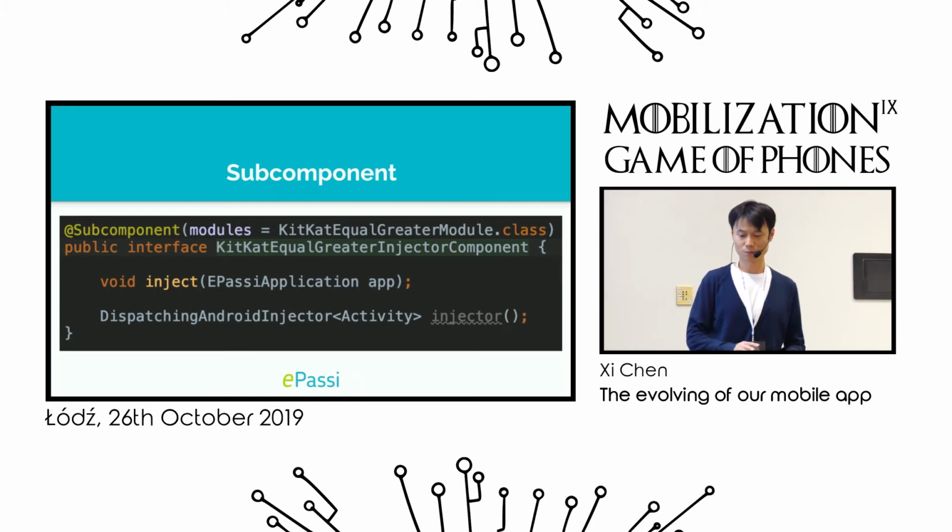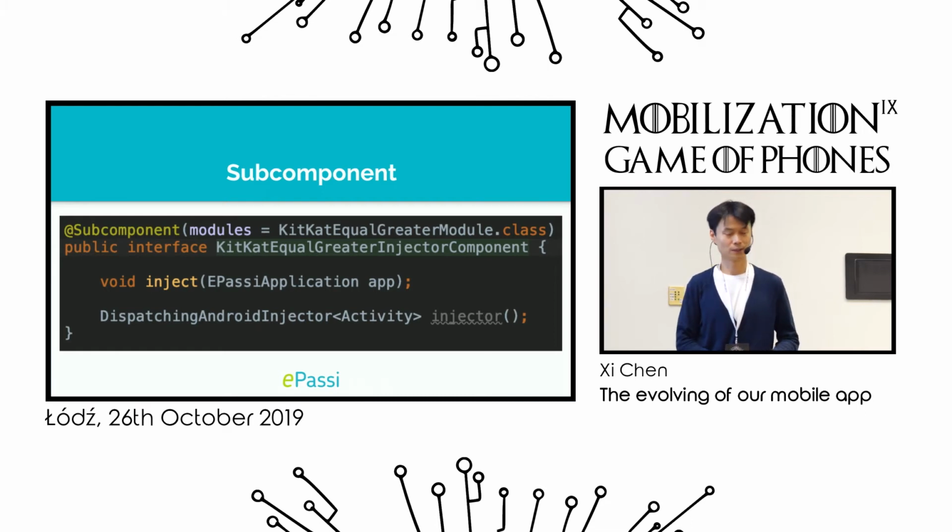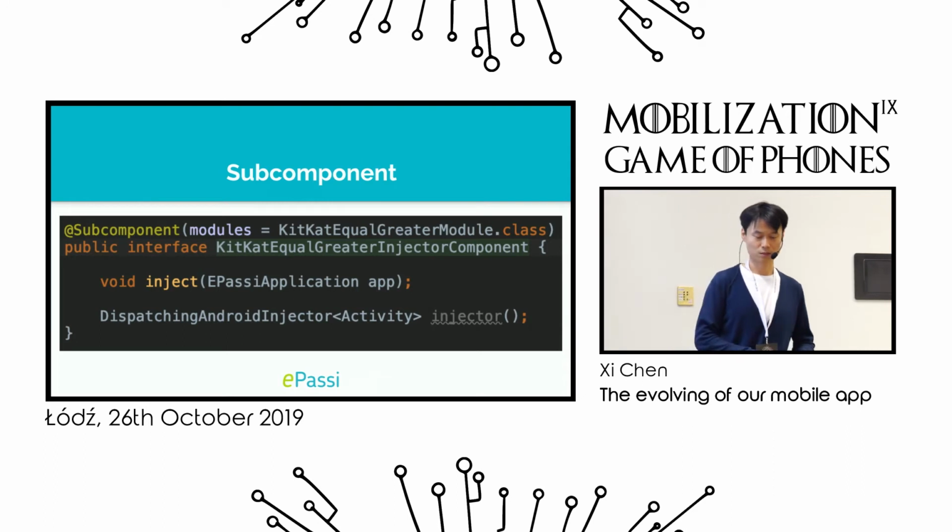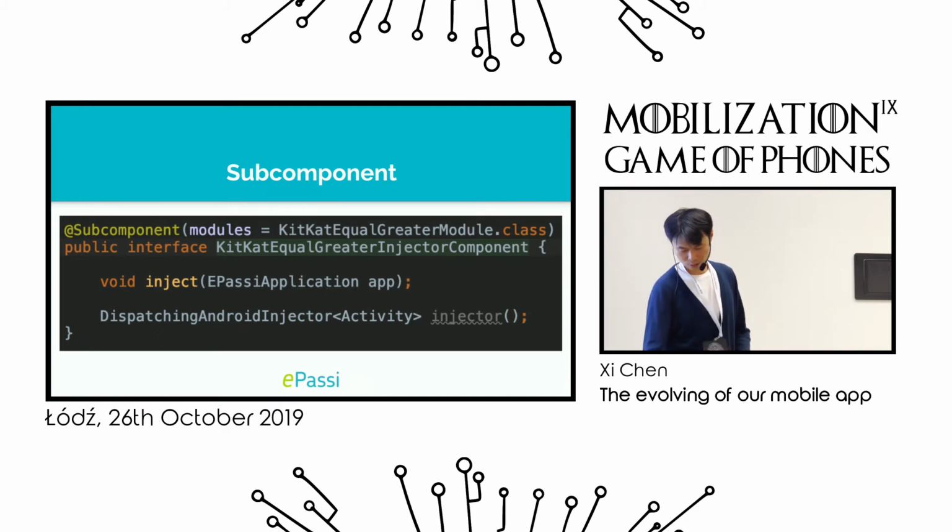It means some objects are especially for Android 4.4 and above, but not for the lower versions of the Android operating system. But our app supports users' devices from Android 4.1, so there is a gap. So we use the subcomponent, but how do we fill the gap without crashing the app? That's something I will say later.